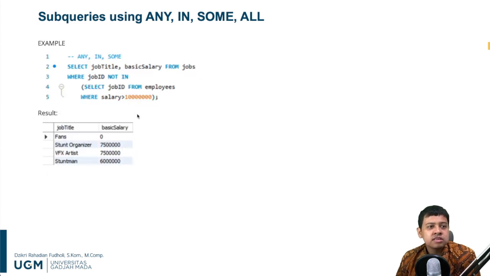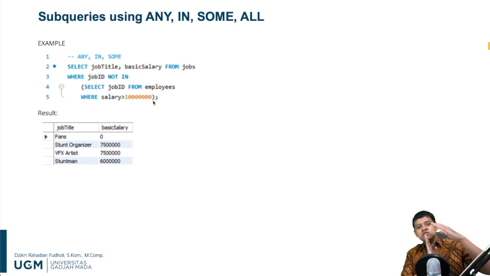Another example, which is in and not in. We select where job ID is not in the job IDs with basic salary more than 10 mil. So we can use any, or in and not in. I think that's very logical. We have the select here, select job ID from employees.